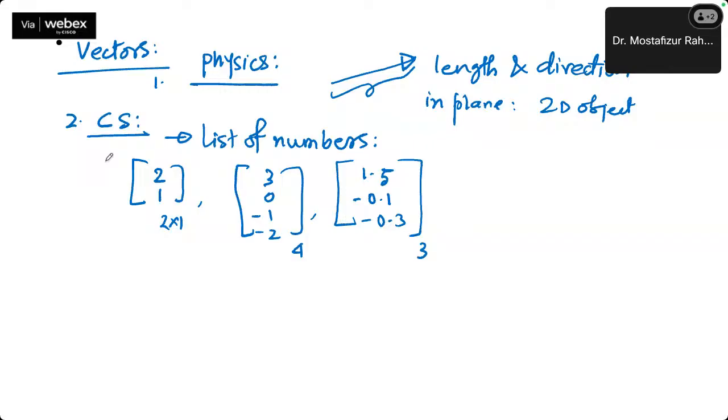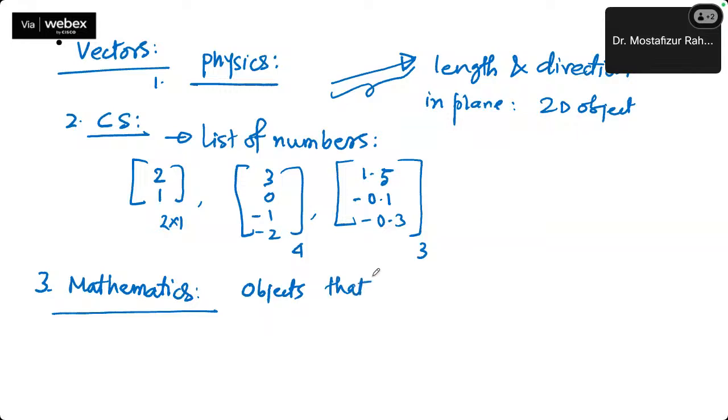Okay. Now the third part is how we define it in mathematics. Mathematics defines it in a way that combines both physics and computer science. It says that vectors are some objects, or mathematical entities, that follow certain properties.